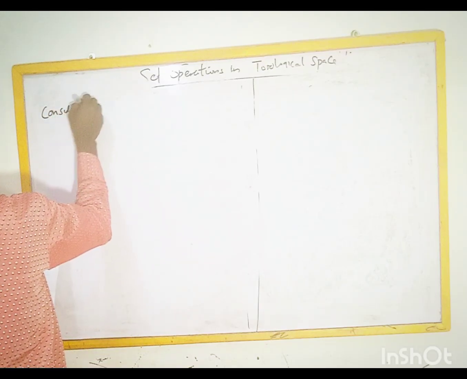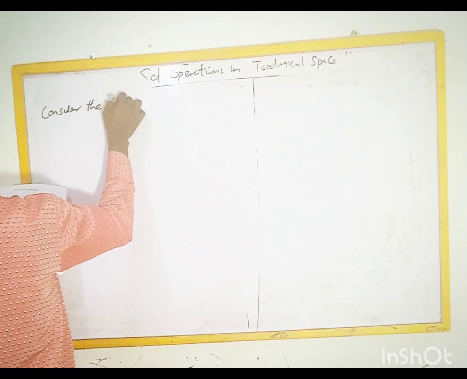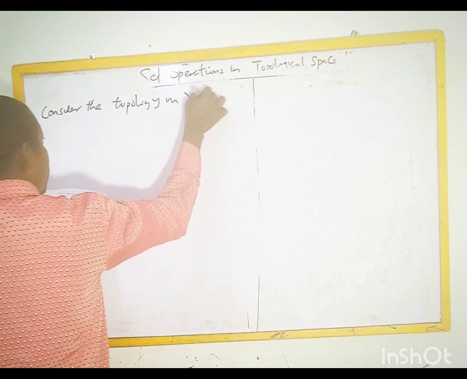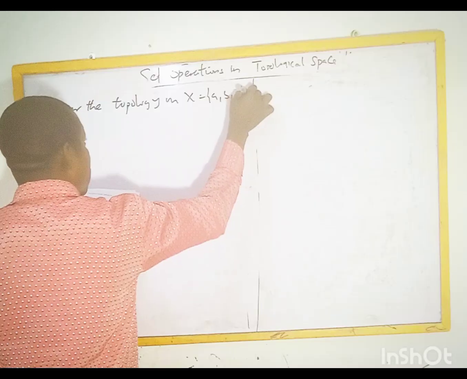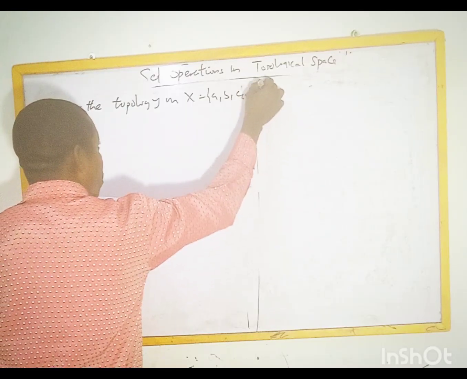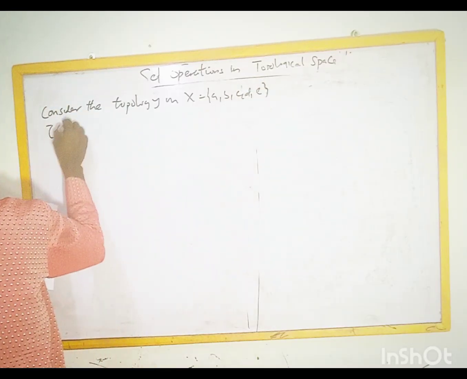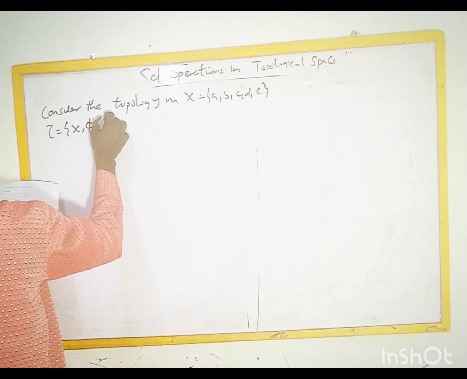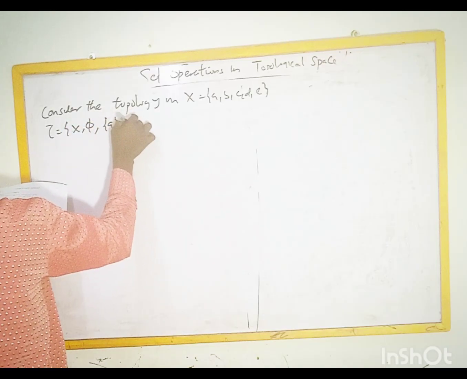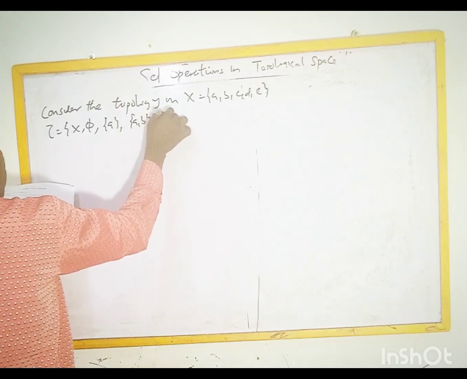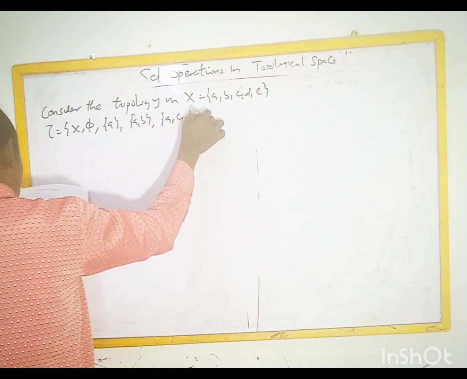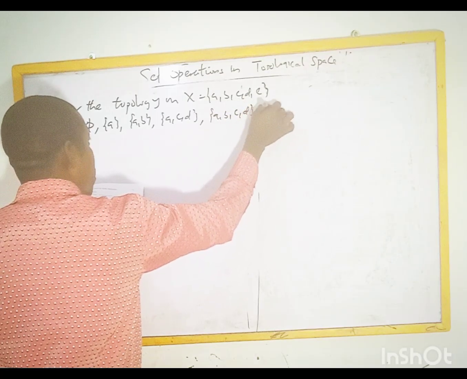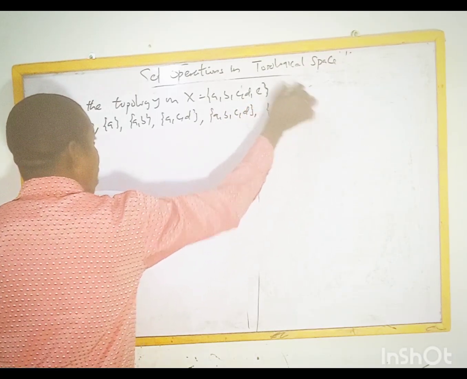Consider the following topology on X, which gives us A, B, C, D, E. You are given a topology as this: X, comma, empty set, the set A, we have AB, we have ACD, we have A, B, C, D, and lastly we have A, B, E. So you are given this topology.